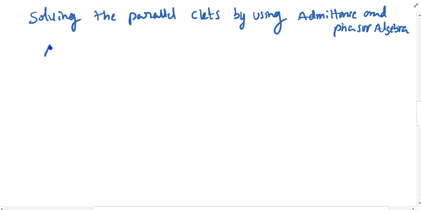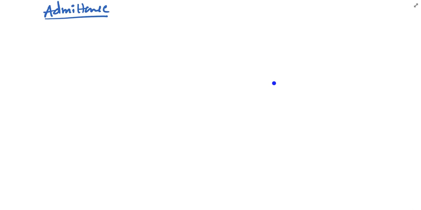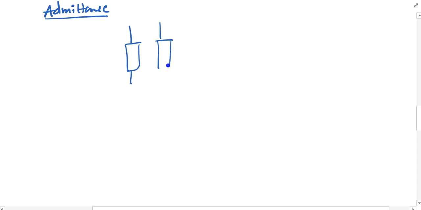So what is this admittance concept? As we know, our loads are a combination of inductive and capacitive loads. Inductive means RL combination, capacitive means RC combination, or sometimes there is an RLC combination also. So if I see my net loads here, this is the load I am showing, but inside this load I am not showing what kind of load it is.